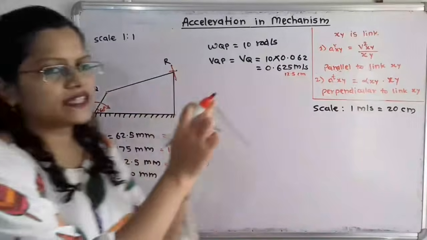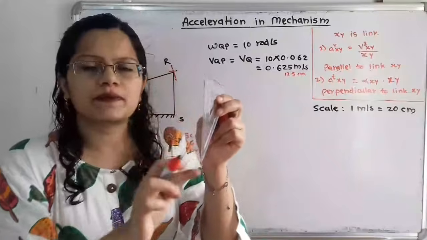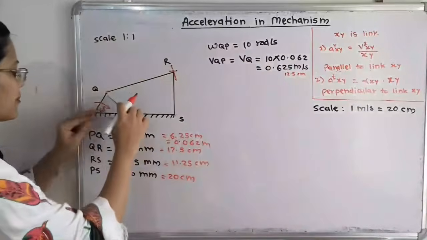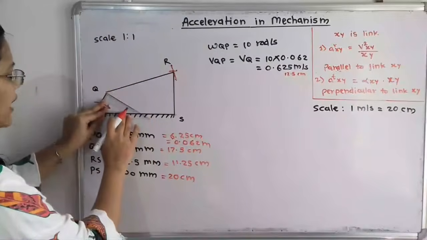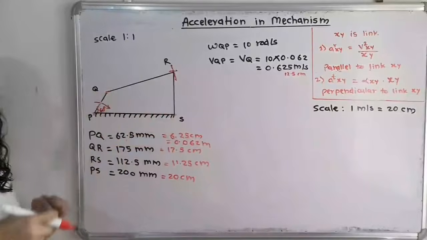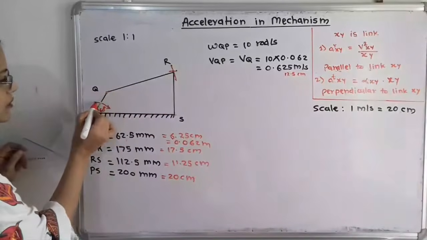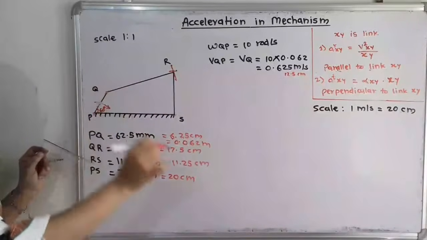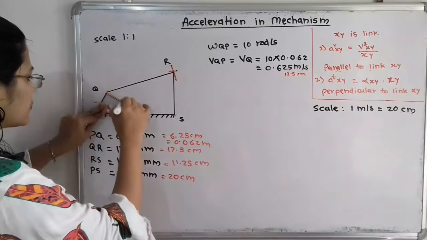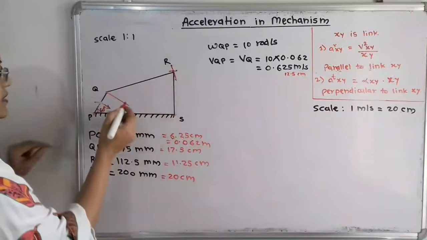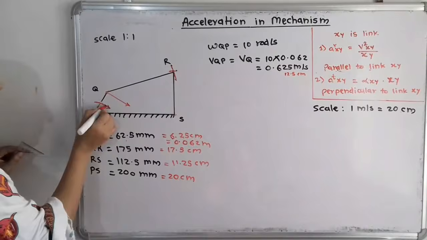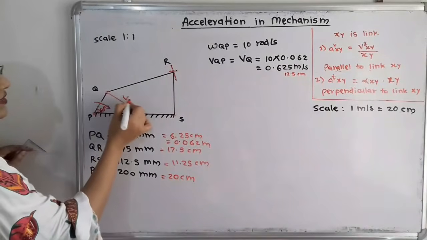The two edges of the protractor are perpendicular to each other, so I will align one edge with the link PQ and from the other edge draw a perpendicular line. In which direction do we draw this line? The rotation is clockwise, so in that direction I will draw a perpendicular line passing through point Q. This is the line, and we show the arrow in the same direction as the rotation, and I will say this is VQ.